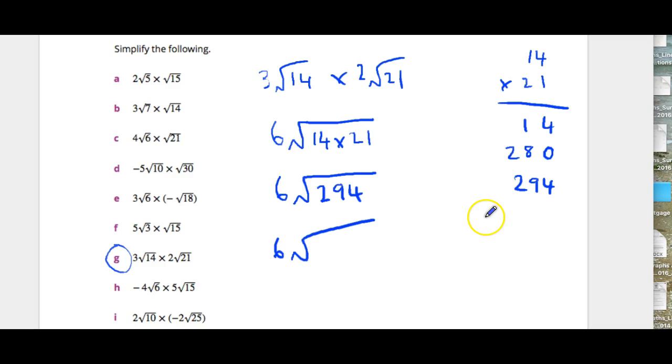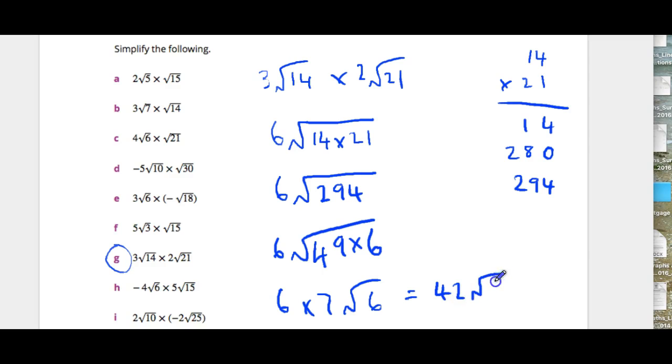Then for a number that goes into 294, this is where I'm going to cheat and use my calculator. First one I tried was 49 and it worked. So 49 times 6. 49 is a perfect square, so the square root of 49 is 7, and then we have root 6. So 6 times 7 is 42, root 6.